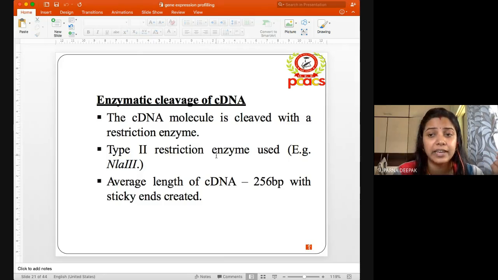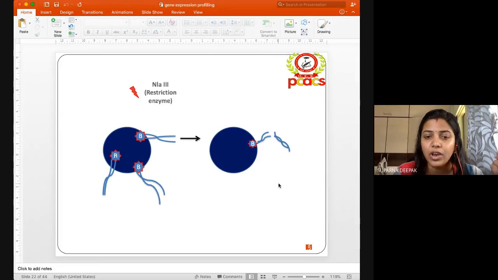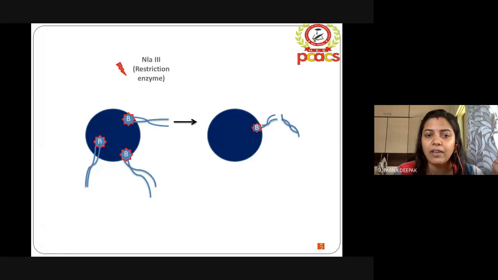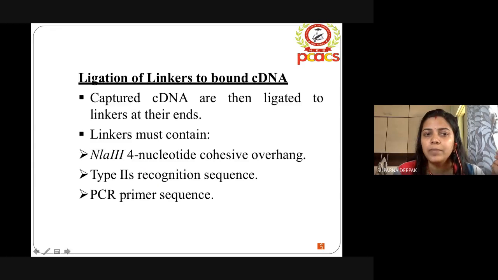So this is your anchoring enzyme, please understand. This is your cDNA. What will we do with the cDNA now? You will have this cDNA, and when you cleave with this restriction enzyme, it is going to cut it like this. Then comes ligation of the linkers to your cDNA.